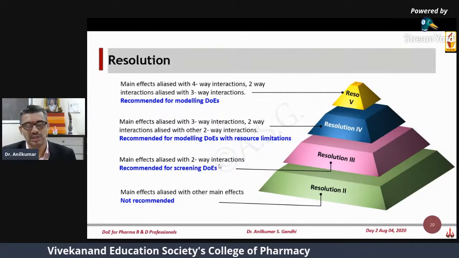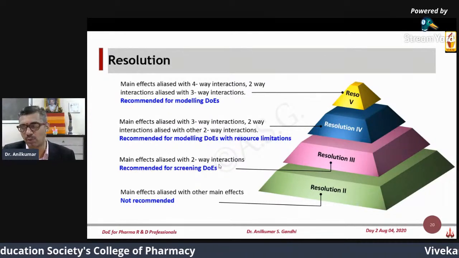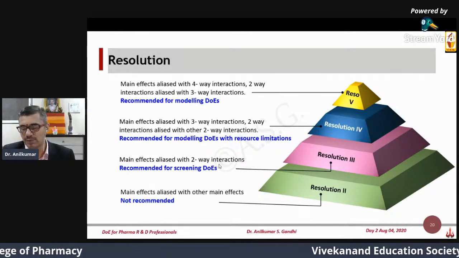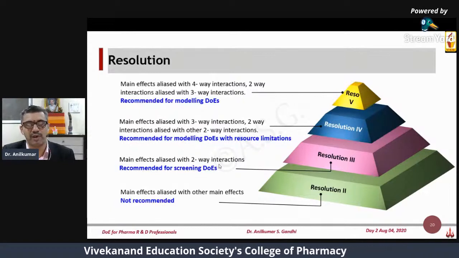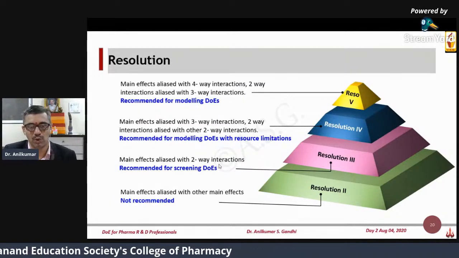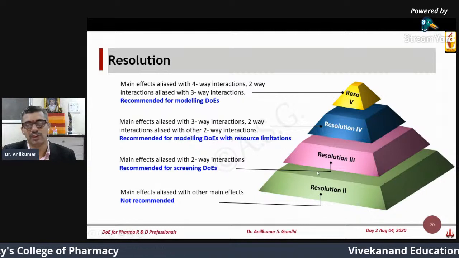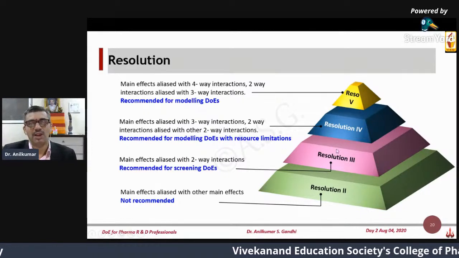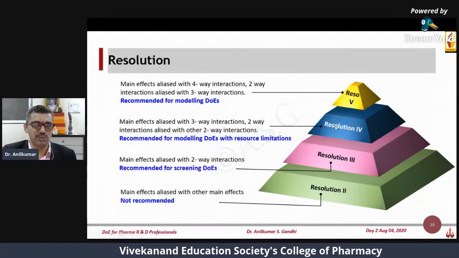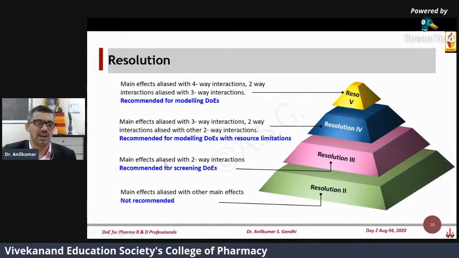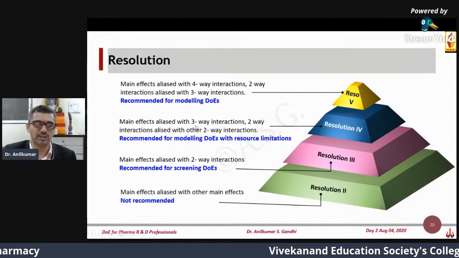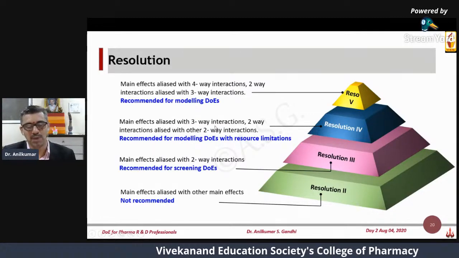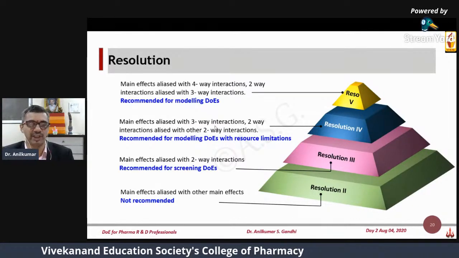Paracetamol IR, we saw the significant effect was coming from only factors B and C, which is PVP and croscarmellose. When you have such an understanding, when you know such things, then you can go with resolution 3 designs. Resolution 4 will always be preferred because here the main effects are aliased with three-way interactions, and if you remember, three-way interactions are not very common.